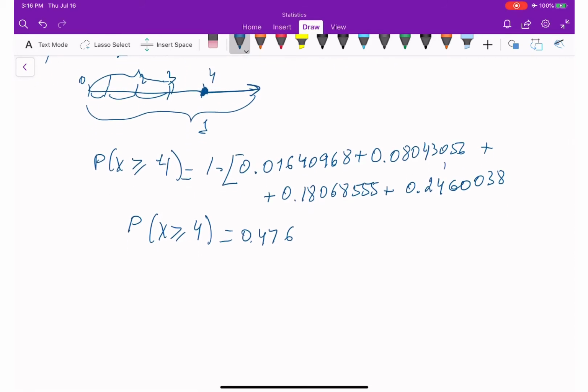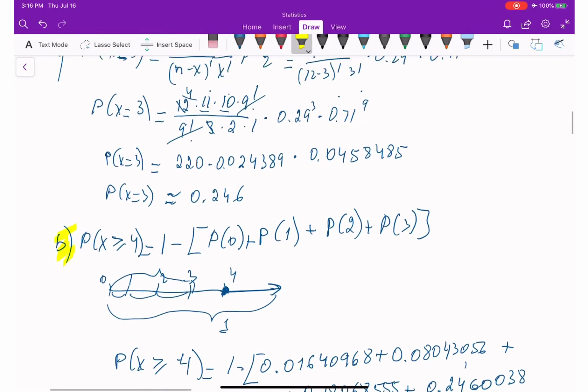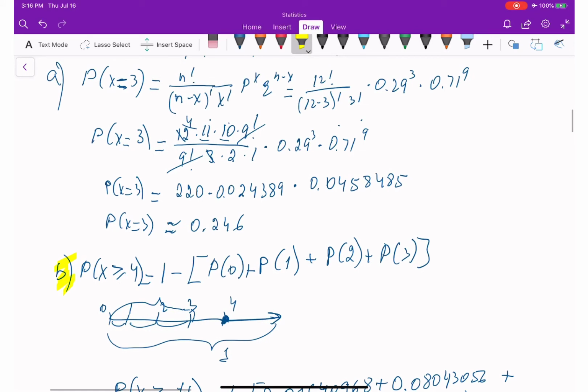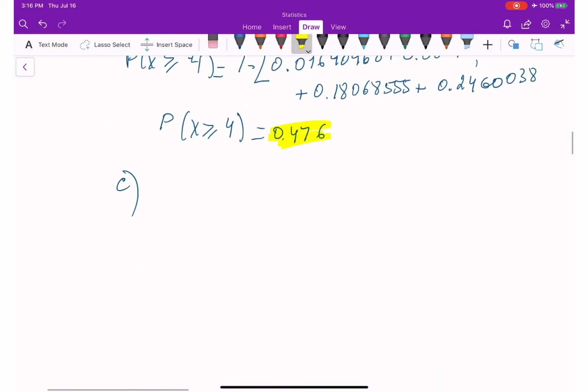Number C. This is now our B. Let me highlight, and this is our C. So what is our C? Less than 8. All right. Probability less than 8.